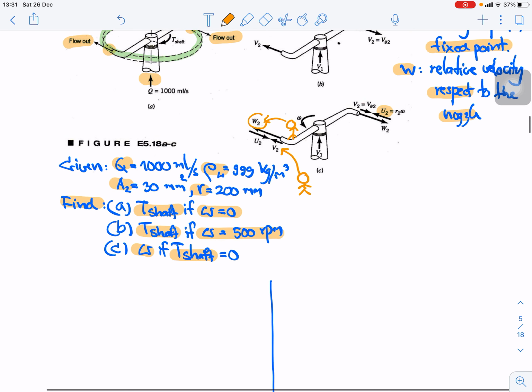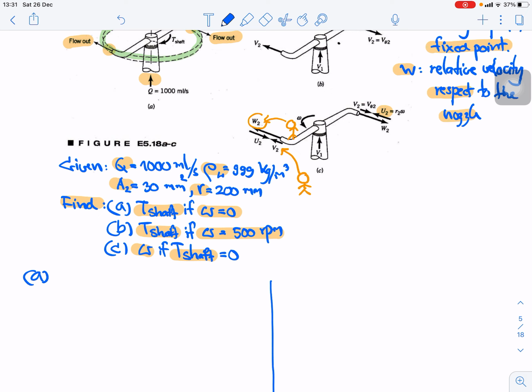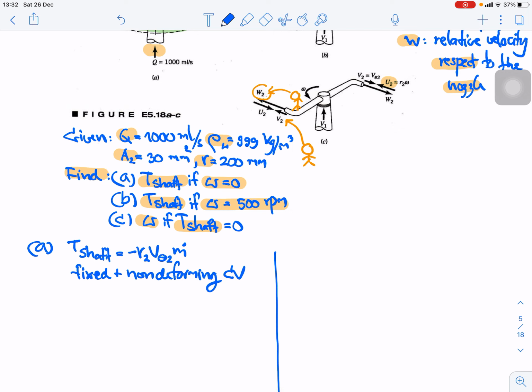Next we start the first question. We use the torque equation, T shaft is equal to R2 V theta 2 times m dot, in this case with a fixed and non-uniform control volume. The flow velocity out of the nozzle is tangential.